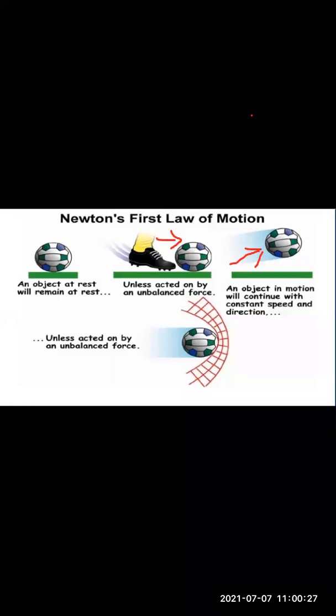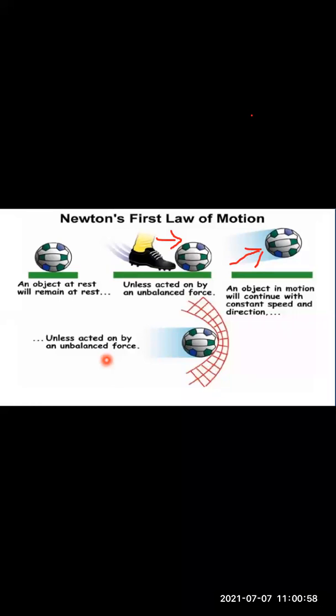The football will continue its state of motion unless and until the football hits the net, then only the football will come to rest. So unless acted on by an unbalanced force, the football won't stop. It would continue its state of motion.